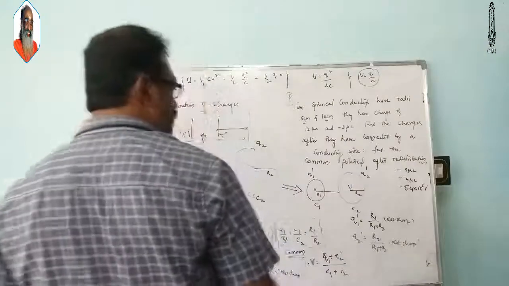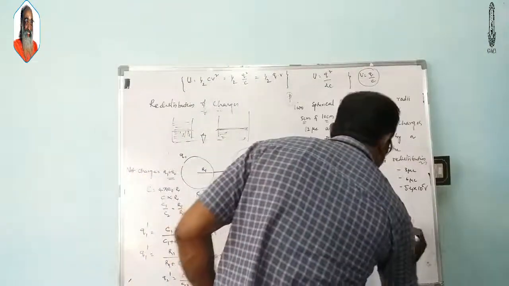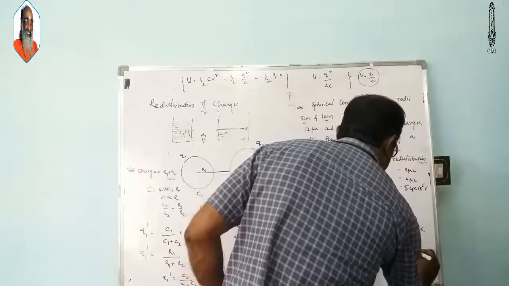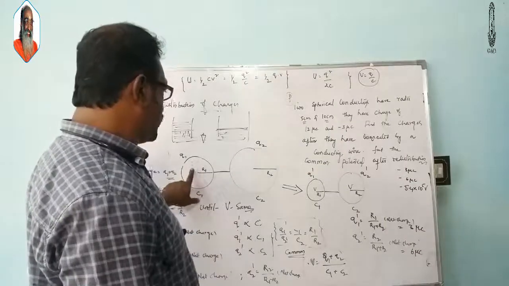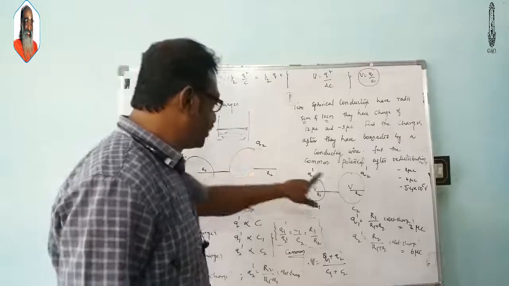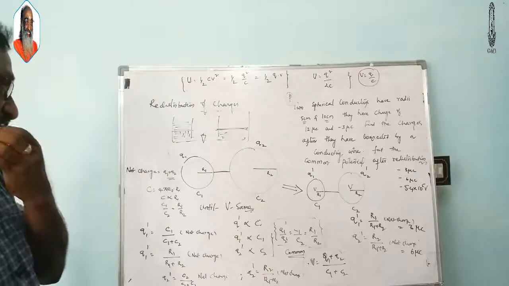Using this formula we get the answers: 12 microcoulomb changes to 3 microcoulomb, and minus 3 microcoulomb changes to 6 microcoulomb. Like that, we got this amount of charge.